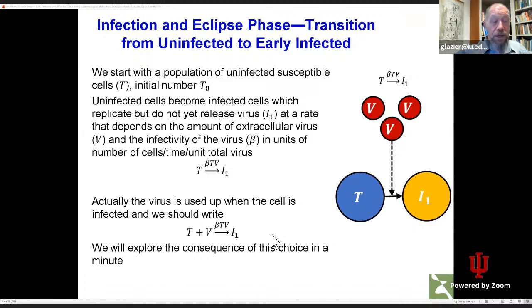And we don't know what fraction of the viral particles in the environment are used up during the process of infection. Clinically and experimentally, it looks like the fraction of virus that's used up is very small, but it's not zero. And we can explore the consequences of that in exercises.